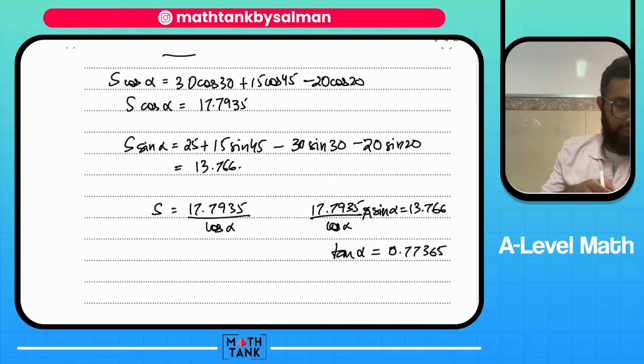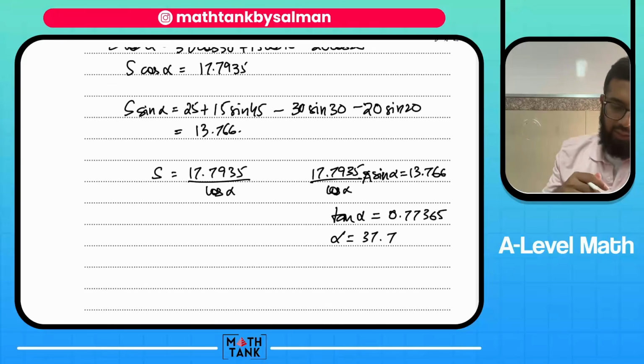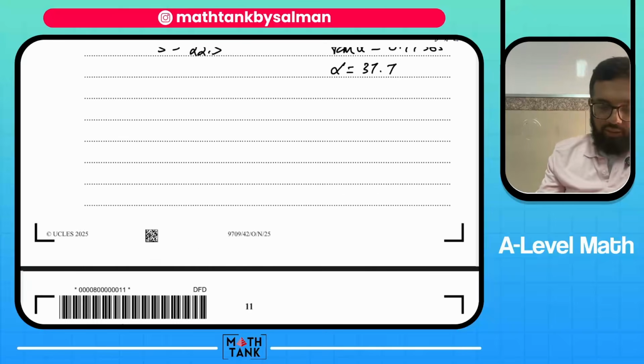Tan inverse of this gives me alpha is 37.7. And when I have alpha is 37.7, I can use that to find S. I can say 17.7935 divided by cos of the answer, basically. So 22.5. Okay, those are the correct answers as well.